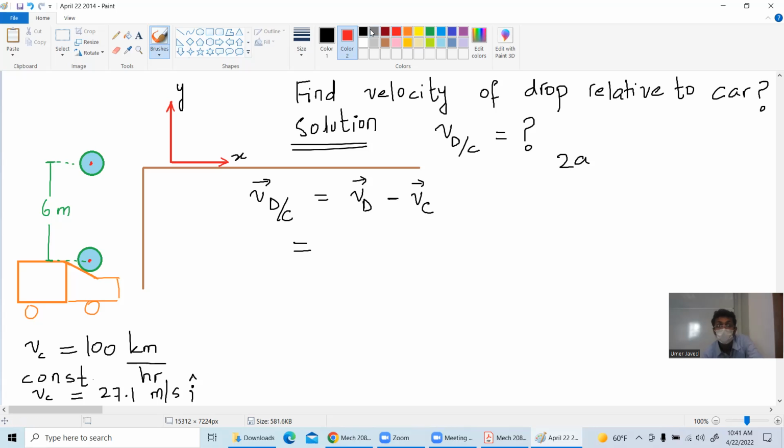What happened to colors? I want to change color. What happened to paint? 2AS equal to VF square minus VI square. 2 multiplied by minus 9.81 meter per second square equal to the final velocity, and you have dropped the ball from an initial velocity of 0.